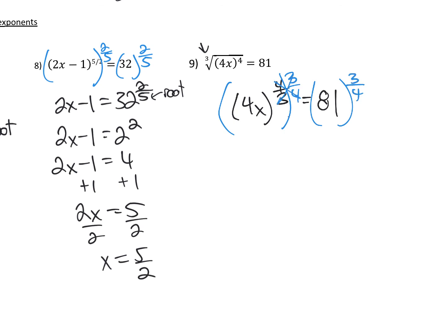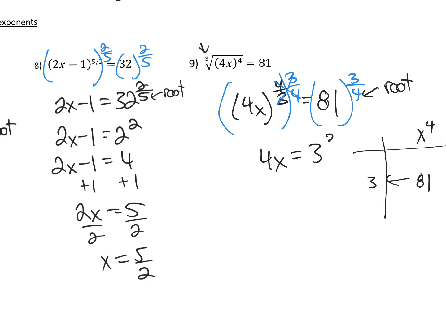These cancel. 4x is left on the left, and then I'm going to take the 4th root of 81. So that would be x to the 4th. Go down in your power chart, you'll see an 81. That corresponds with 3. And then I'm left with the power of 3. 3 to the 3rd on my power chart is 27. So x equals 27 over 4.